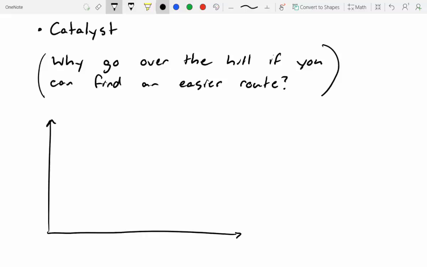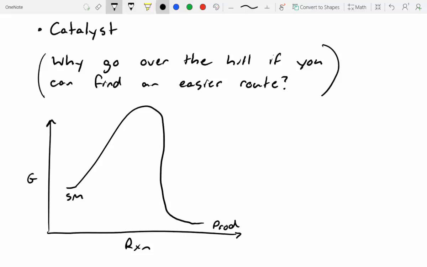So let's draw an example where we've got delta G and we've got our reaction. And let's say I've got my starting material here. I've got my product over here. And normally this has a huge activation energy. So I'll write this line is without catalyst.